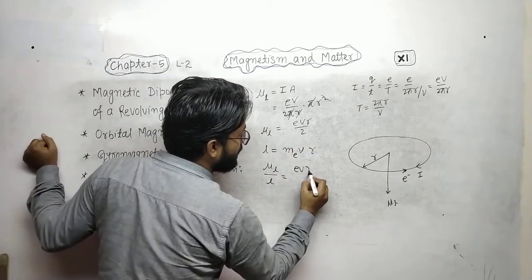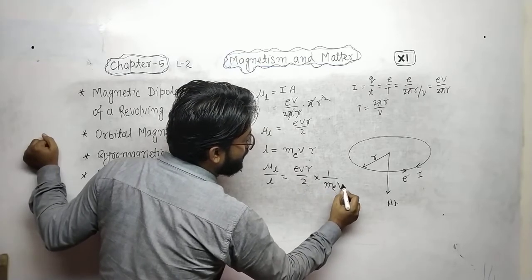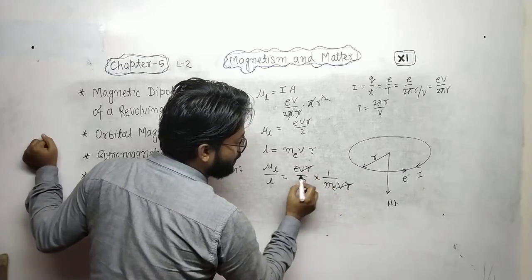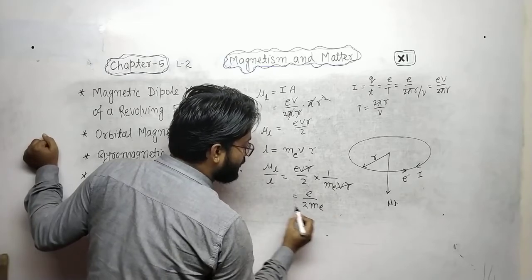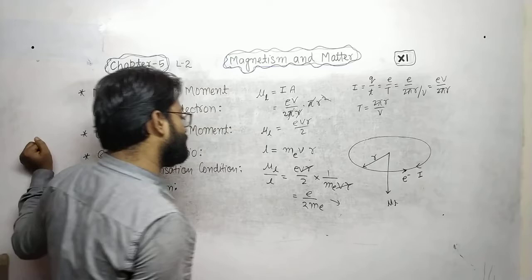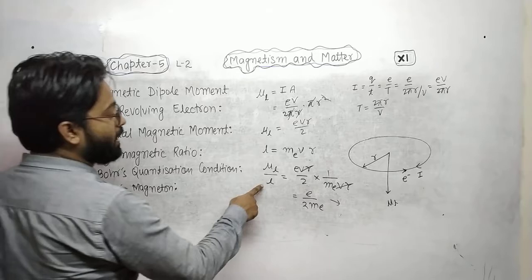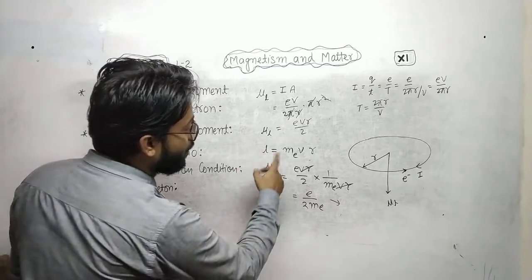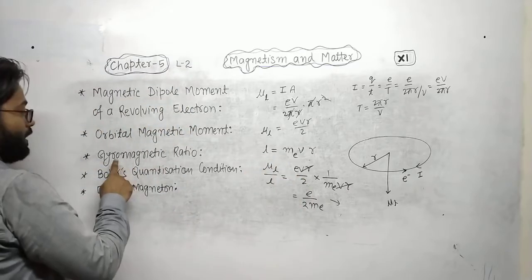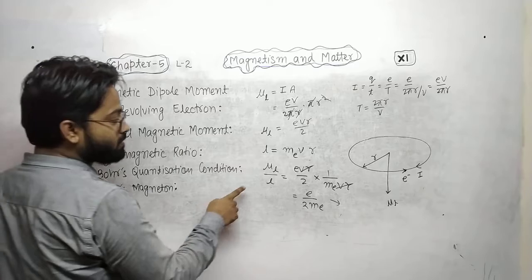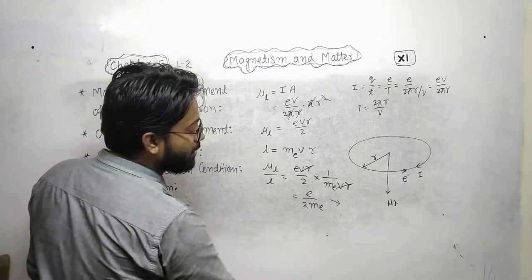So e v r upon 2 multiplied by 1 upon m v r. v r cancels out, giving e upon 2 m e. This is the ratio of orbital magnetic moment and orbital or angular momentum, L being the angular momentum. So the gyromagnetic ratio mu L upon L is e upon 2 m e.